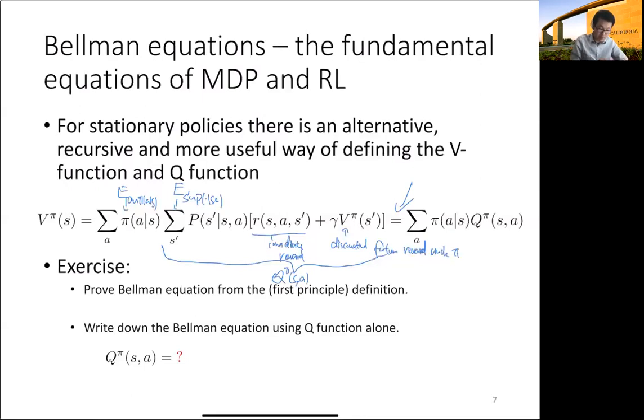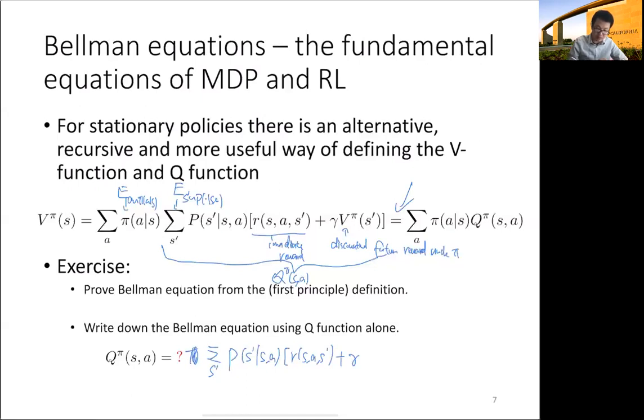Similarly, we can write this Q function as the summation over S prime of P of S prime given S and A, times R of S, A, S prime. When the reward doesn't depend on S prime, you can simply take R of S, A out of this summation, plus gamma.